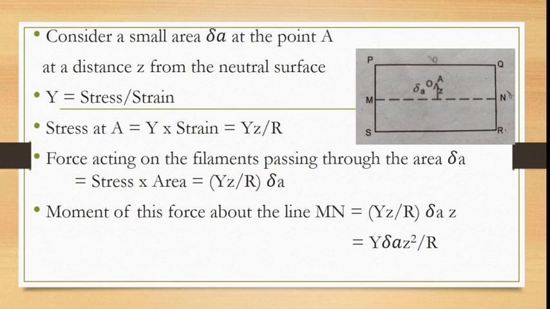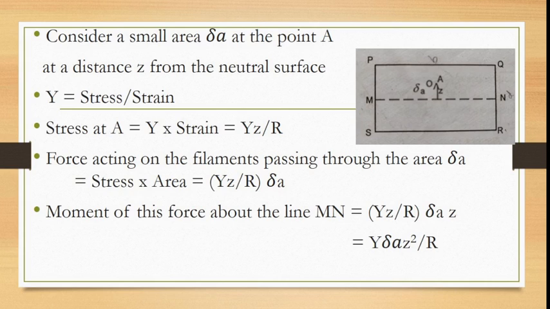See, we had derived the moment of the force about the line MN with the considered area delta A only. So now we are considering this moment of this force for the entire cross section of the beam PQRS. So what we have to do? We have to add all the moments together. So we will get the total moment, that is equal to the bending moment.